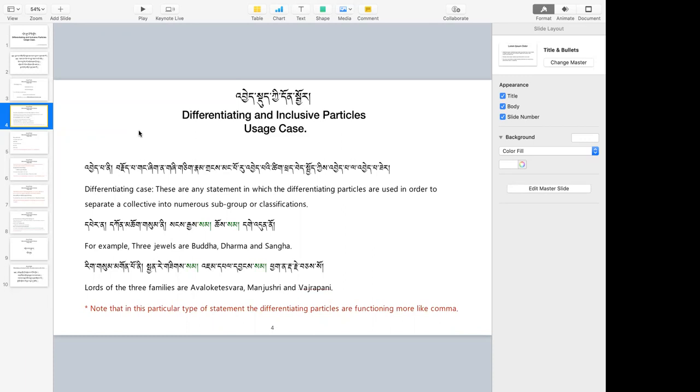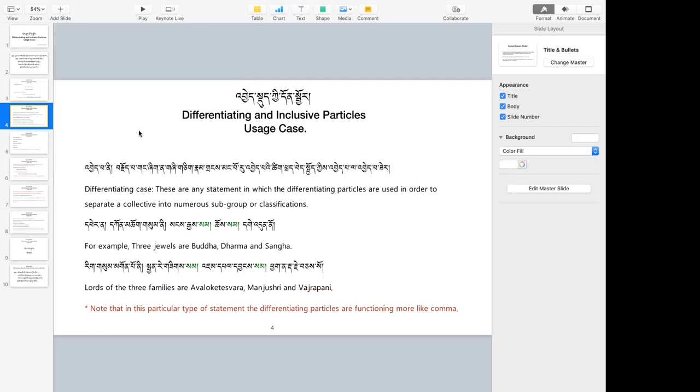So two criteria verify and validate a statement to be of the differentiating case. First, the statement should differentiate a collective into numerous subgroups or classifications.